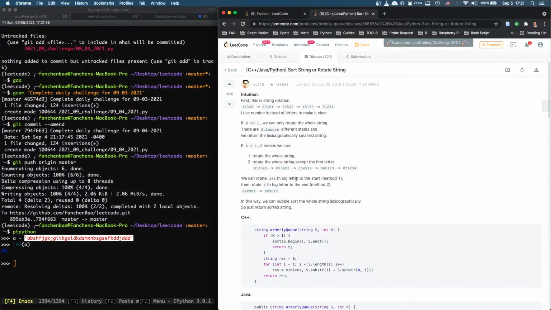Rotate the letter to the start, and rotate the ith letter to the second position. We can bubble sort the whole string. Ah, this is bubble sort. Rotate the i plus 1's biggest letter to the start, and then rotate the ith to the second. And then boom.